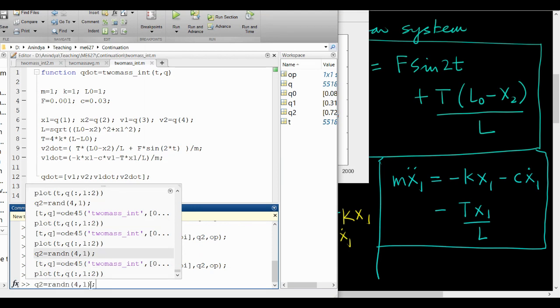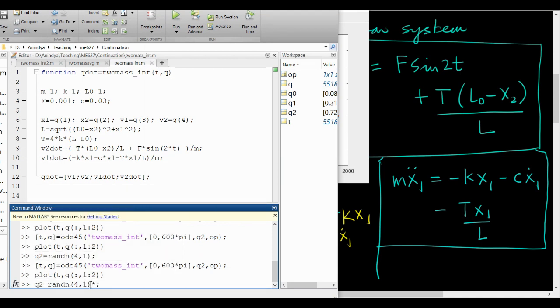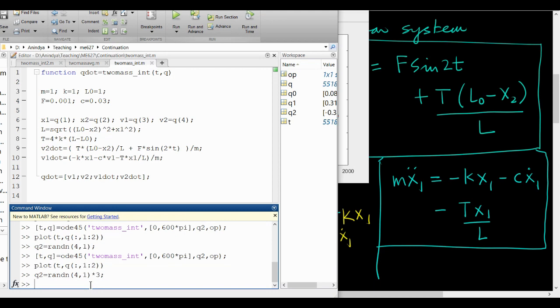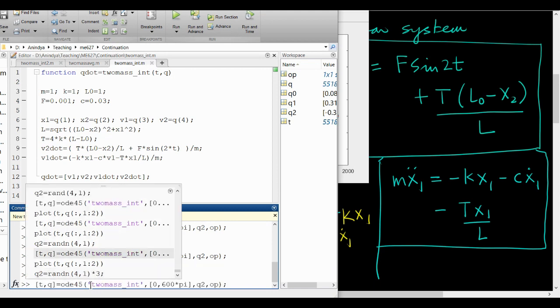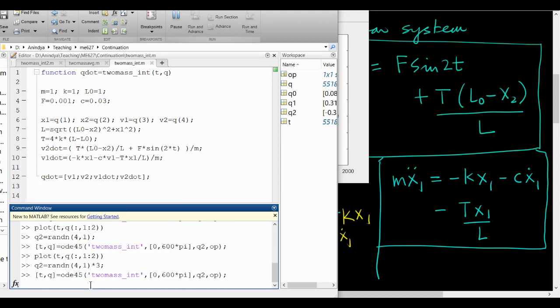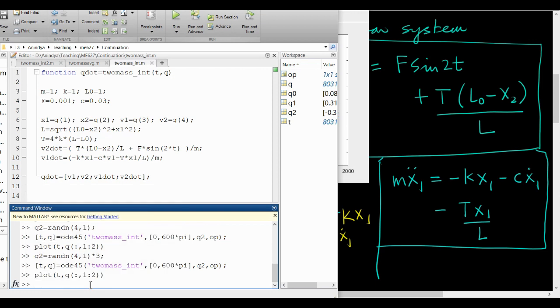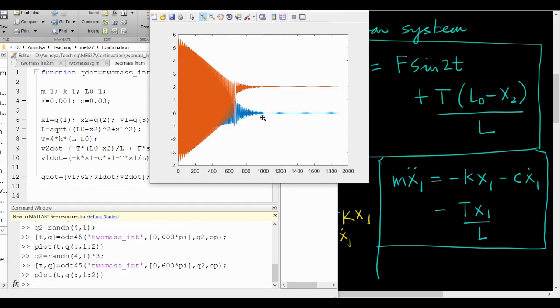How about times 3? Okay, so here what has happened is x2 has gone over to the other side, because of the initial condition being what it is.